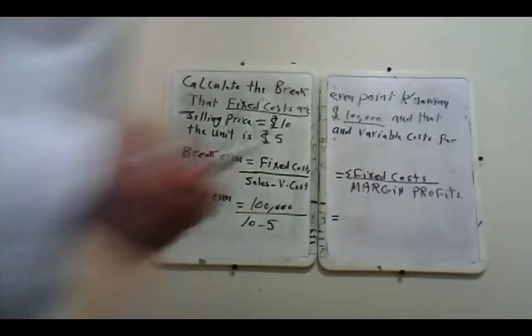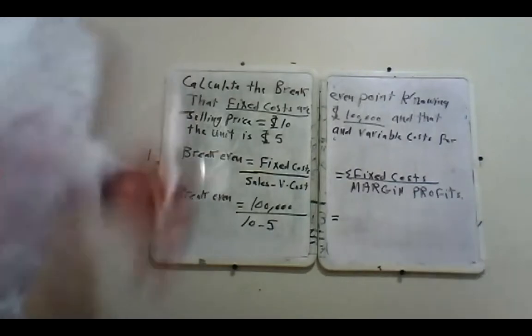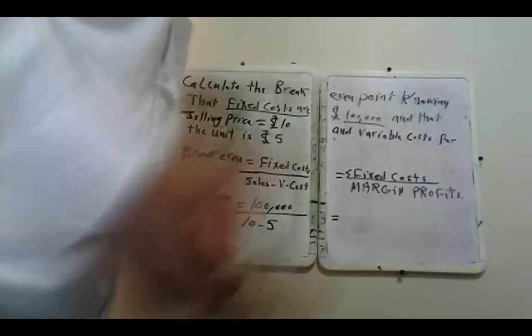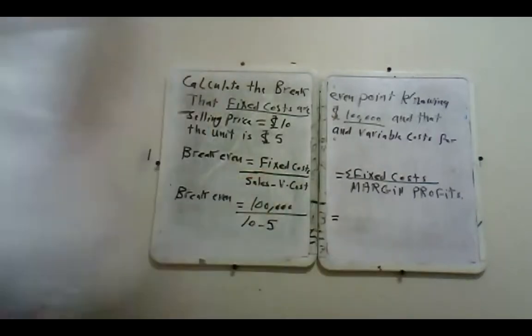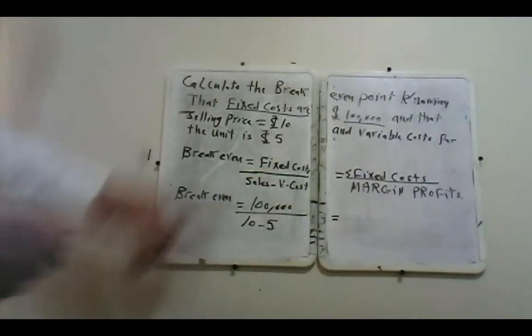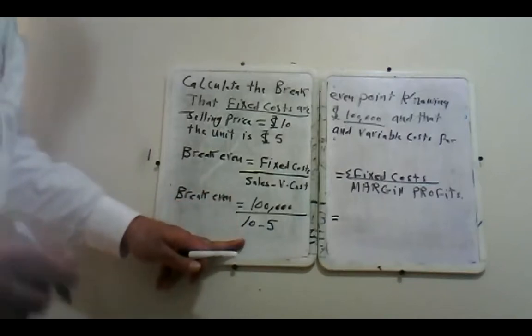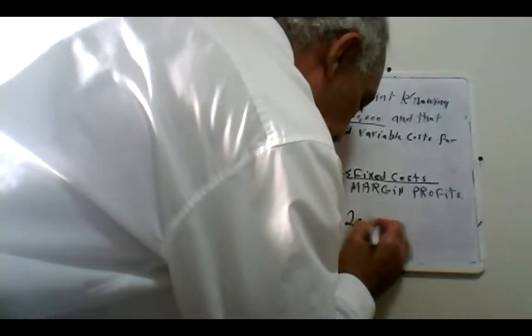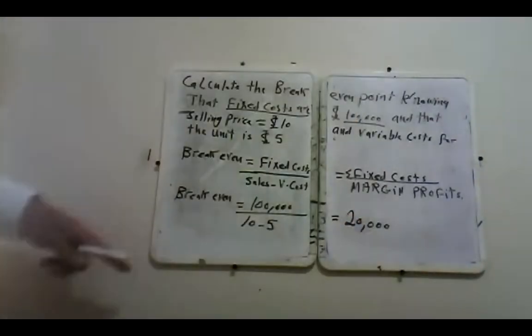And I said, the variable costs are all the costs related to the production, like the power, the pay, the electricity. All these are called variable costs. So this will be 100,000 divided by 5, which is 20,000 units.